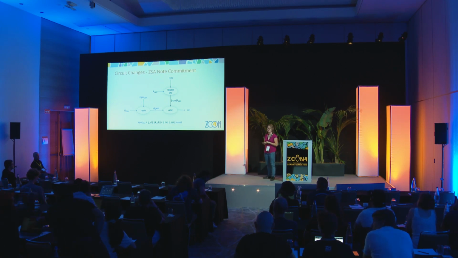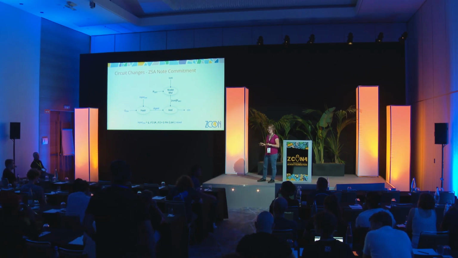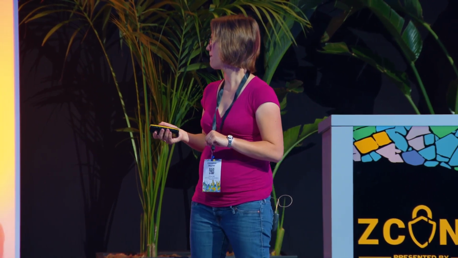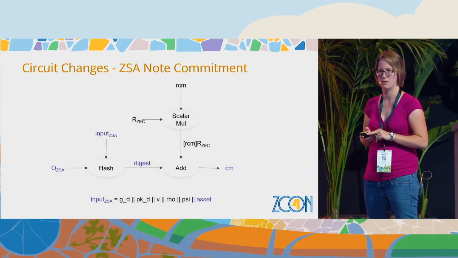If one of them satisfies this equation, then it won't satisfy the other for sure, because the input to the hash is different. That is why. But you do not want to reveal whether you will use QZSA or QZEC.